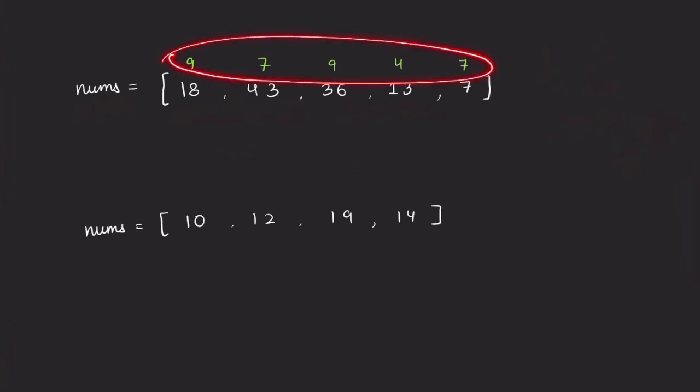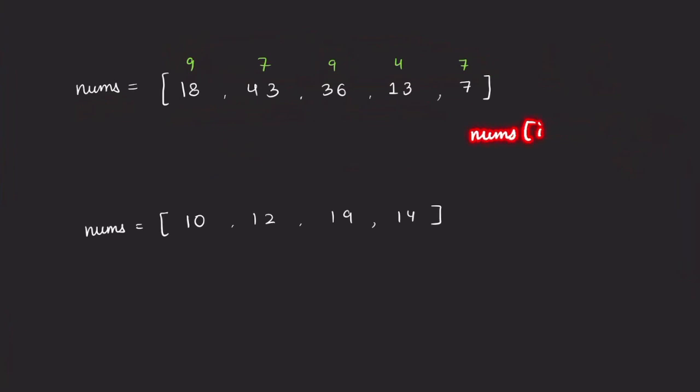So these are the sum of digits of all these numbers. Now we need to select two indices i and j such that the sum of their digits is equal, and then we need to find the maximum possible value of nums[i] plus nums[j], and this maximum possible value we need to return as our answer.